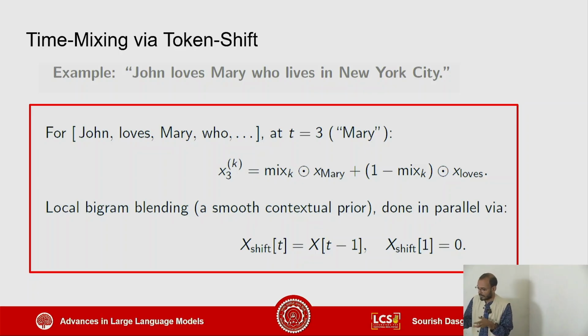That's a fancy way of saying that you are basically looking up the previous index and calling it up. And this idea of mixing the bigrams together, the previous one and this one, is called time mixing, because you are mixing two different time steps together.